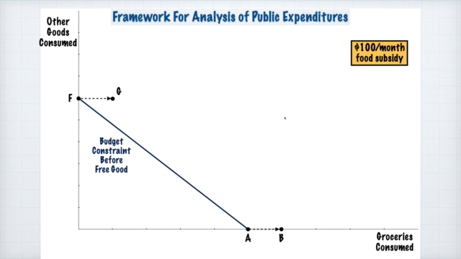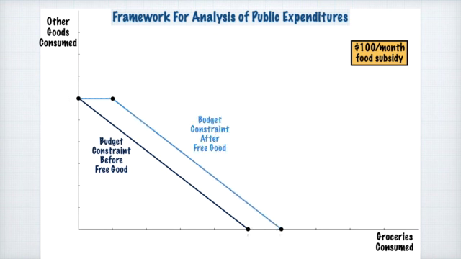So what does that make the budget constraint look like? It makes the budget constraint look like this lighter shaded blue color. All right. So realize that if the government gives you a subsidy on a particular item, basically what you end up having is a parallel shifting of the budget constraint.